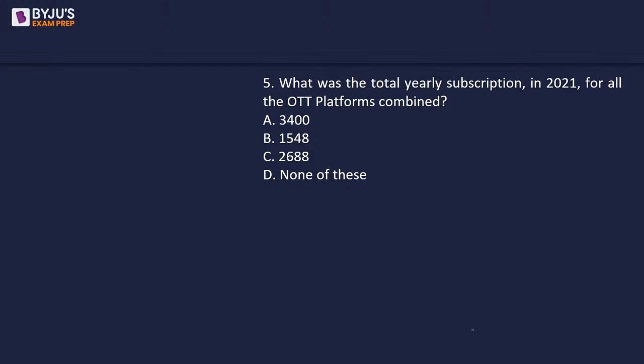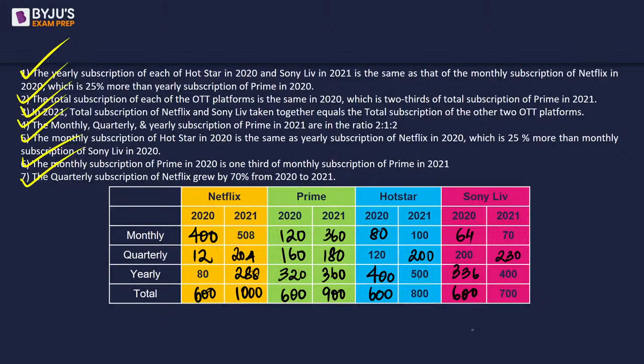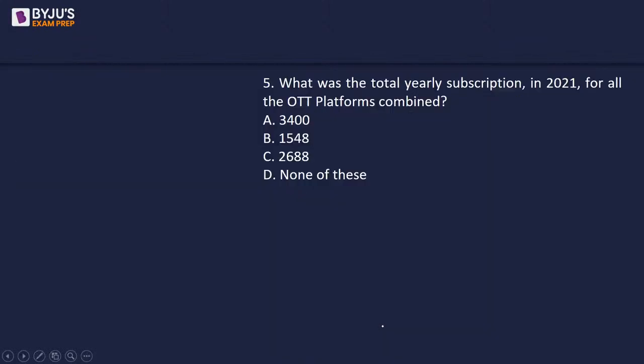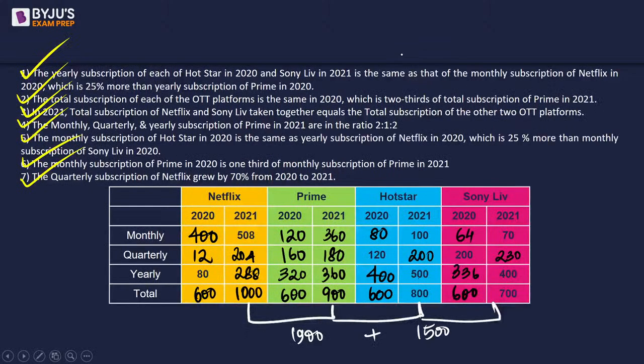What is the total subscription in 2021 for all the OTT platforms combined? So 1,000, 900, 800, 700. So 1,900, 1,500, 3,400. Option A. Acha, we only need yearly subscription, no?